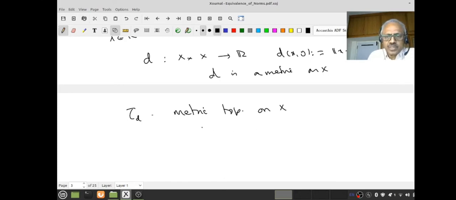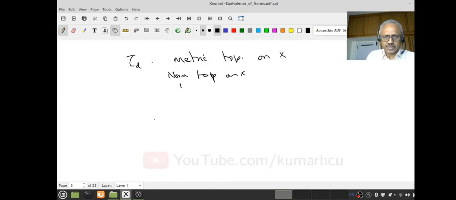This topology we call the topology on X induced by the norm. Because d came from the norm, I will also call the topology the norm topology. Is that point clear?